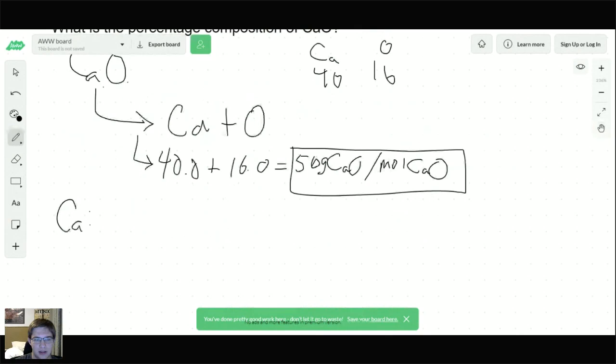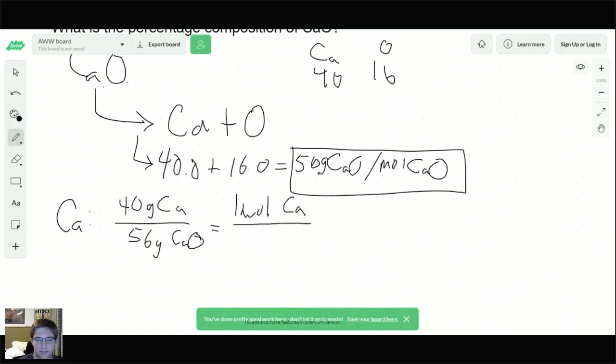So all we have to do is take that 40 grams of calcium, and that's per 56 grams of calcium oxide. Because that's really just me saying that 1 mole of calcium is in 1 mole of calcium oxide.